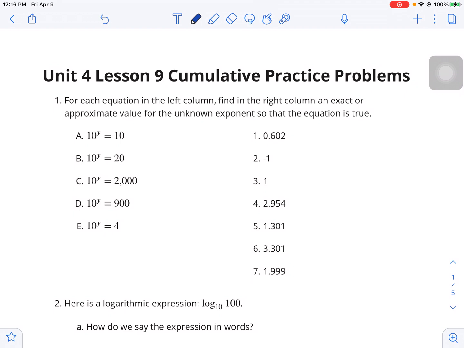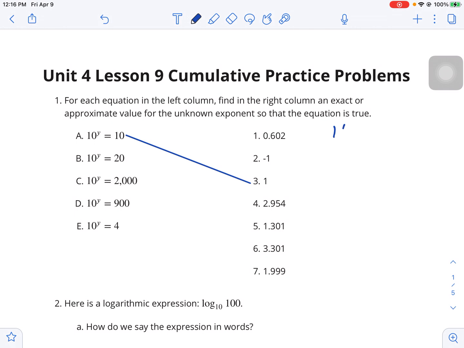For the unknown exponent, so the equation is true, we're looking for y here, the exponent. So 10 to the y is equal to 10. That would be 10 to the first. 10 to the y is equal to 20.